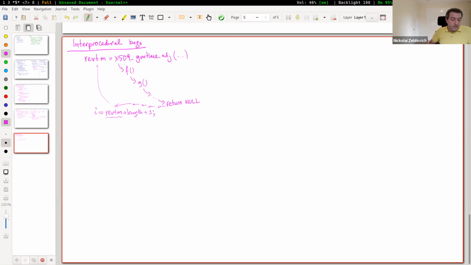This is the kind of bug that the Facebook team, the Infer tool, was trying to catch. As you can imagine, this kind of bug is a little tricky to catch by looking at a small piece of code. If you just look at the function that contains these two lines and you don't look at all the other pieces of code that get called, you abstract away this box.